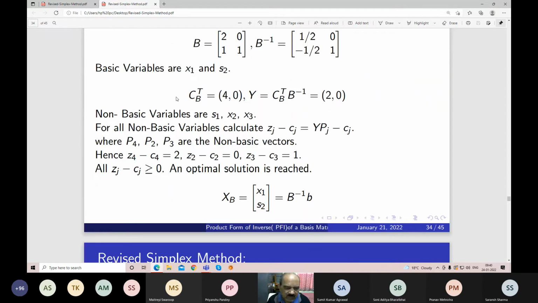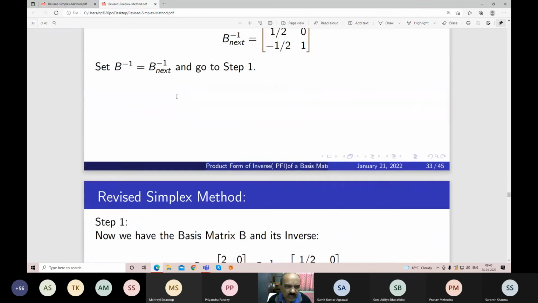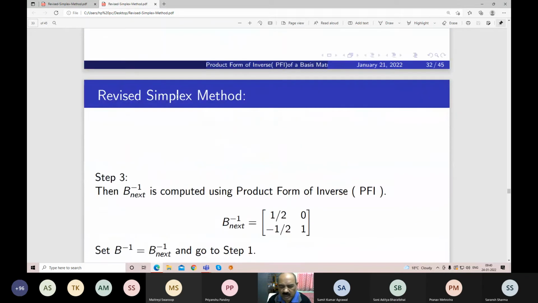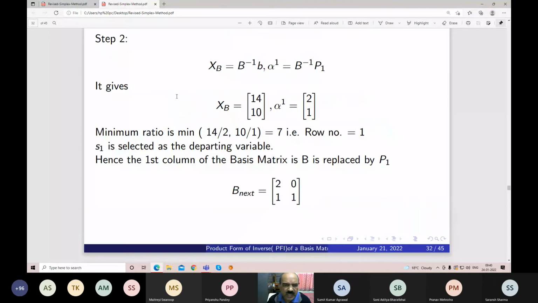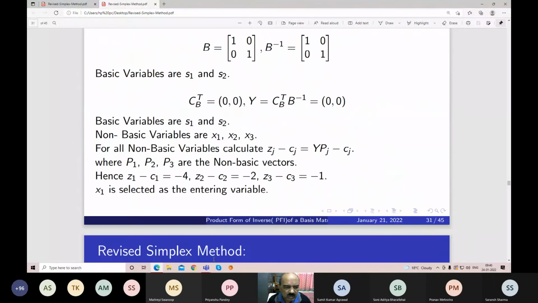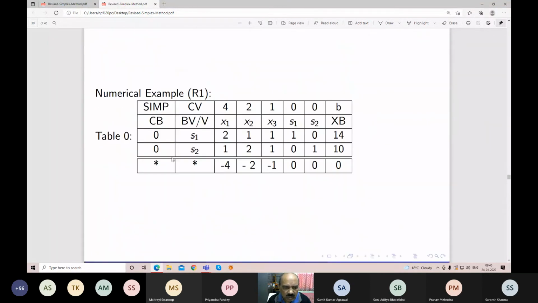We got the CV earlier: the x1 coefficient is 4 and the x2 coefficient is 2.